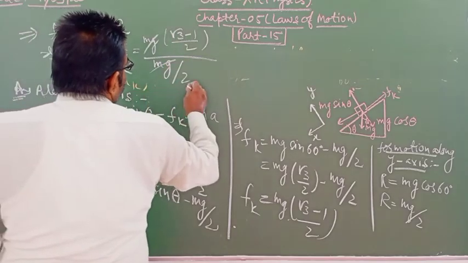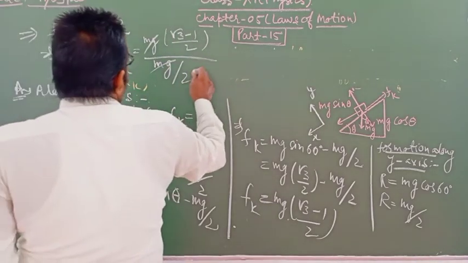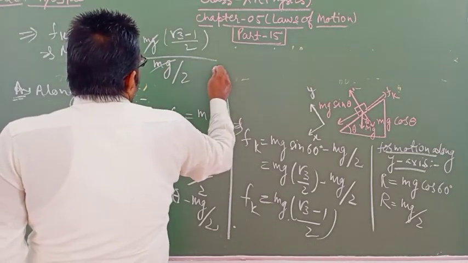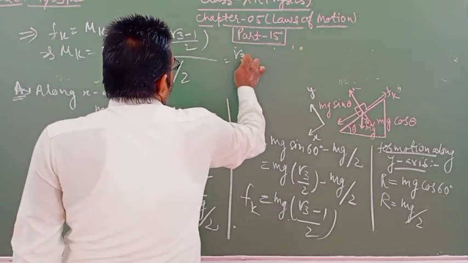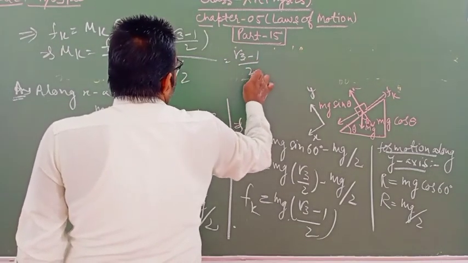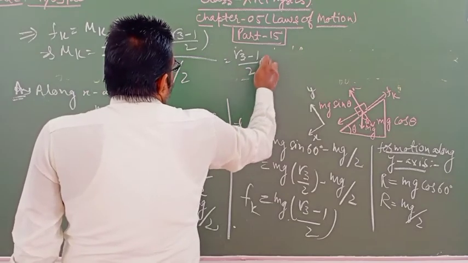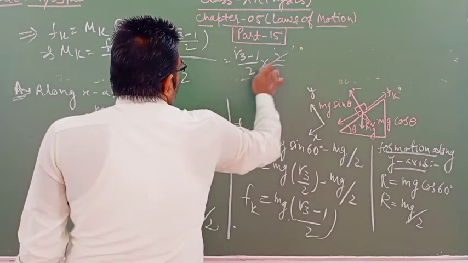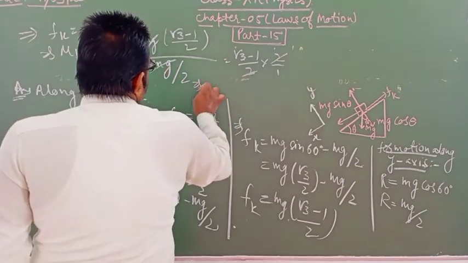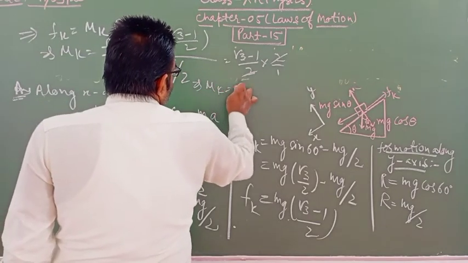The mg cancels out, and it is equal to (root 3 minus 1) divided by 2 upon 1 over 2, so the 2s cancel, and the value of mu k is equal to root 3 minus 1.